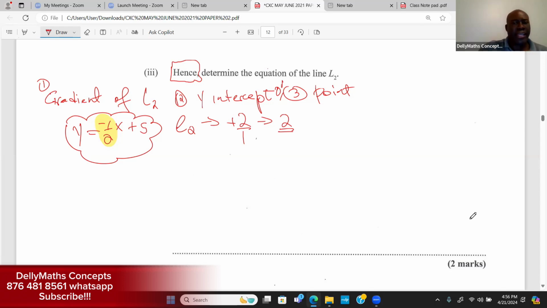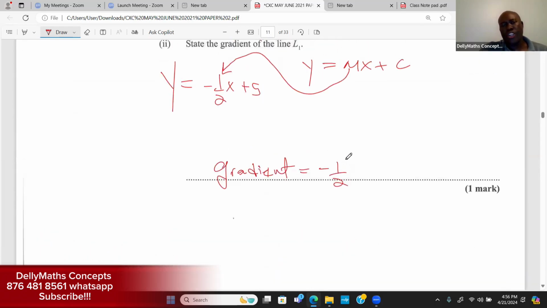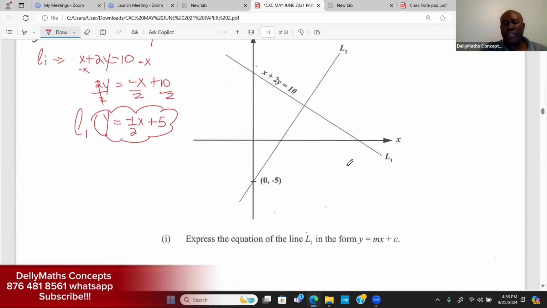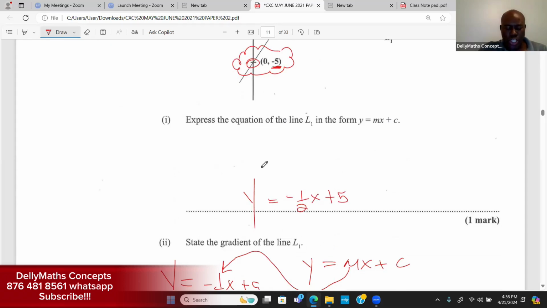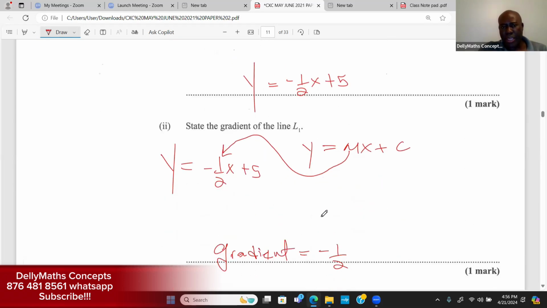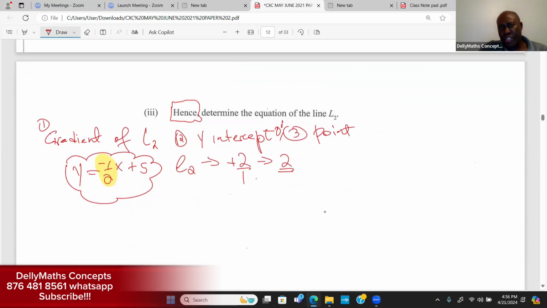Now, I have the gradient, and if you go back, you're going to notice that for L2, they gave us a point indirectly. The point is a part of the line, and I'm seeing the y-intercept too. We have the point (0, -5). If my x coordinate is 0, then that y value is my c value, which is my y-intercept.